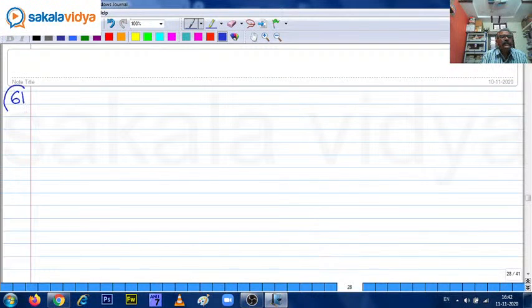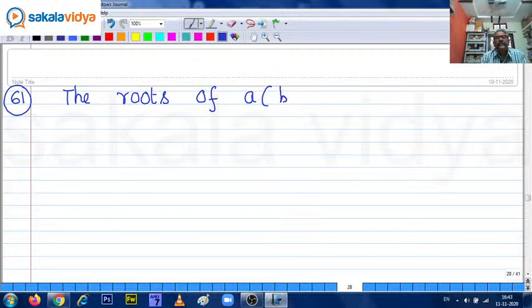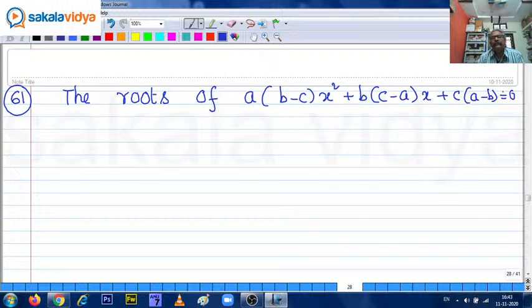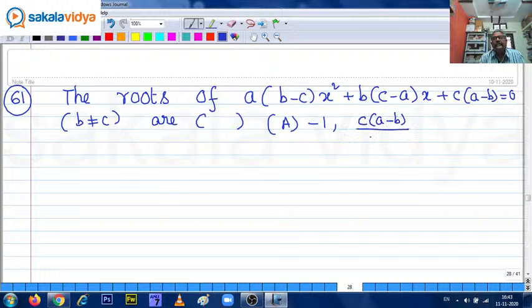Question number 61. The roots of a times b minus c x square plus b times c minus a of x plus c times a minus b equals 0, where b does not equal c, are: option A, minus 1 comma c times a minus b by a times b minus c.